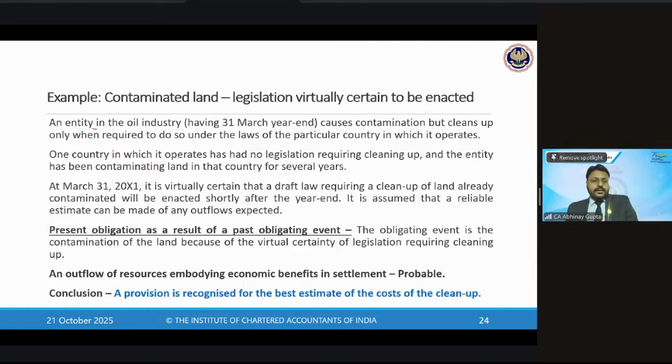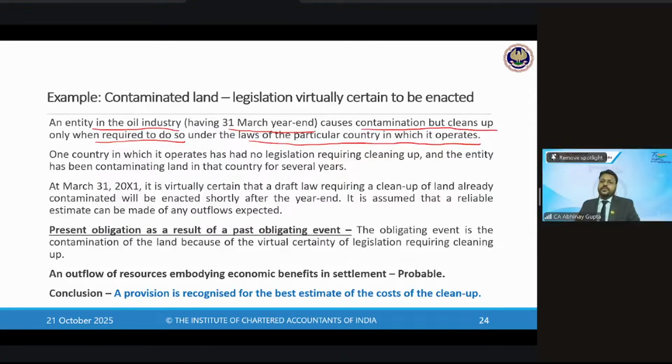An entity in an oil industry, for example Reliance, ONGC, etc., having a 31st March year end, causes a contamination but cleans up only when required to do so under the laws of the particular country in which it operates, right? So they do oil extraction from the land and the sea, but they clean up only if they are required by the law.